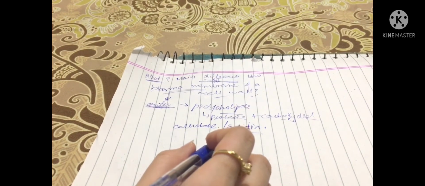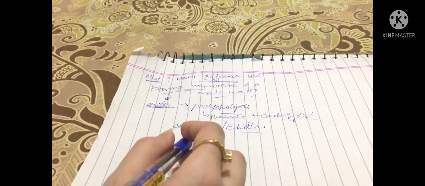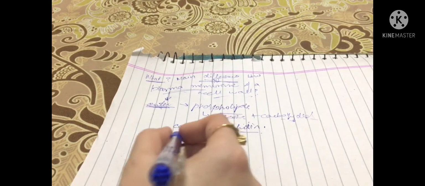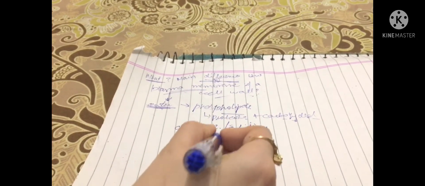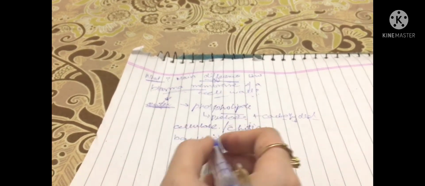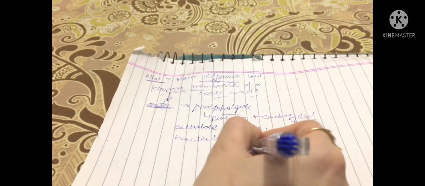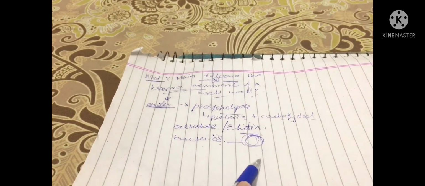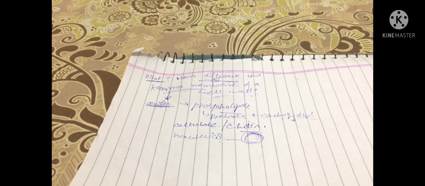Most bacteria also have an outer cell wall made of peptidoglycans. Some bacteria also have an outer cell wall made of peptidoglycans and other organic substances.